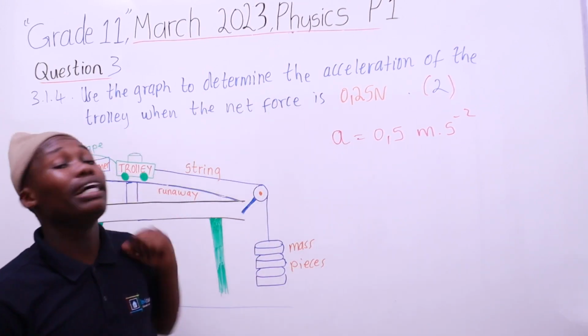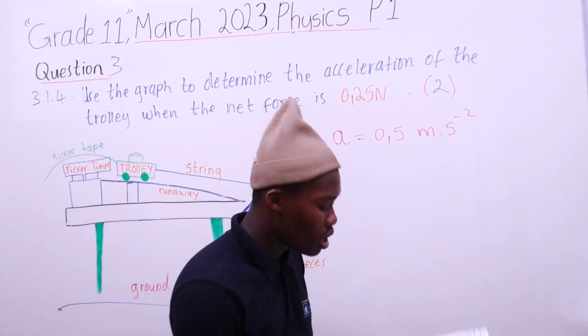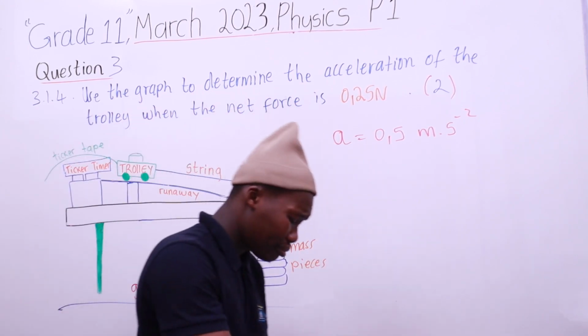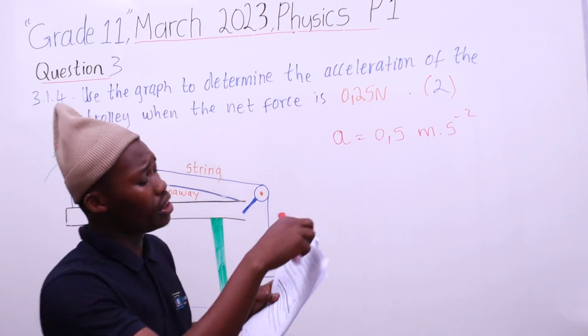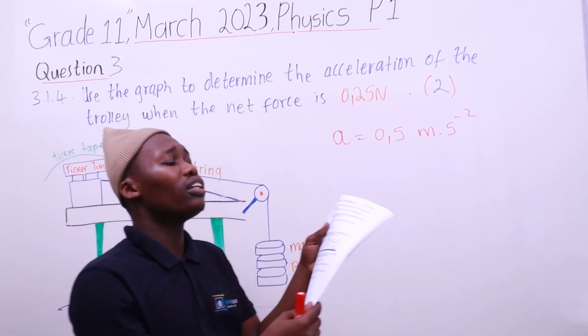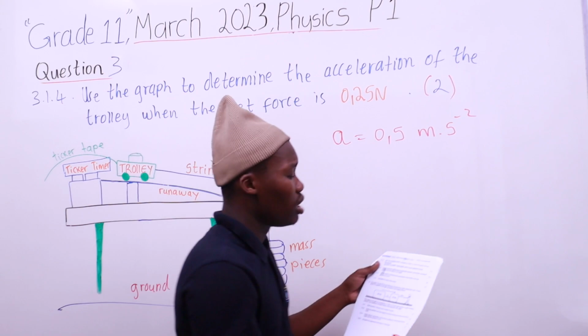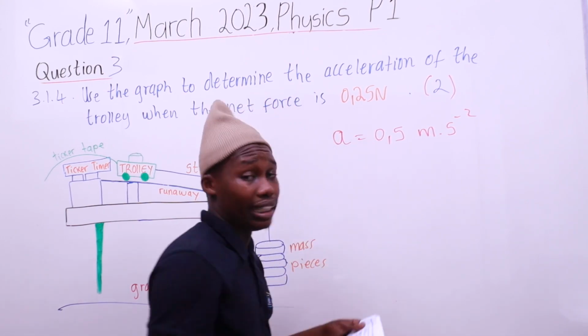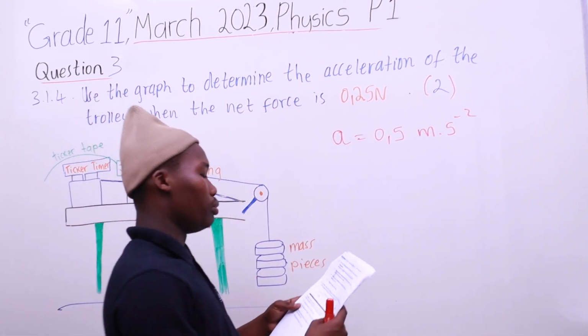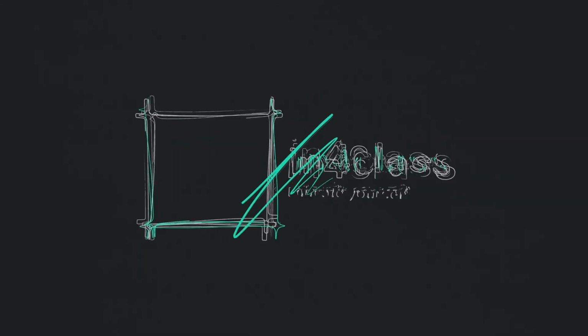Understand that number, the answer we get as we determine the acceleration of the trolley when the net force is 0.25 newtons. Okay? That is your 2 marks. So we will move on to the next question, to calculate the mass of the trolley. Let's go and answer.